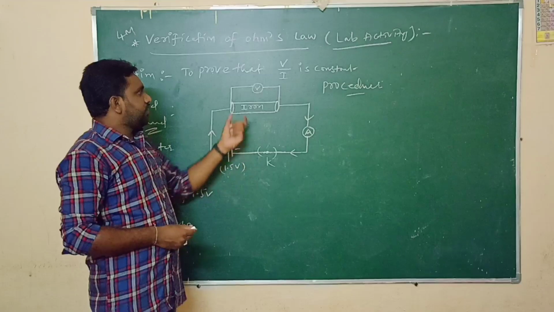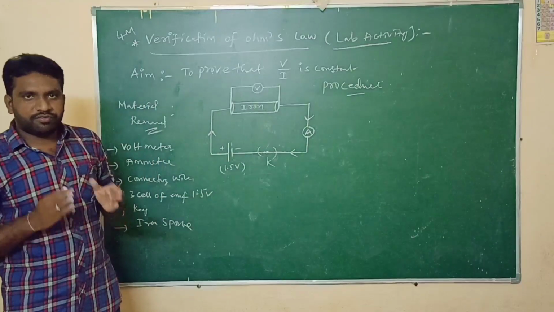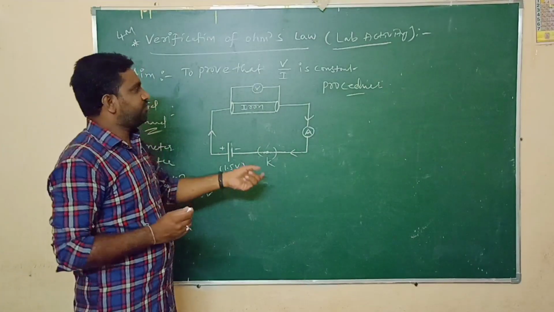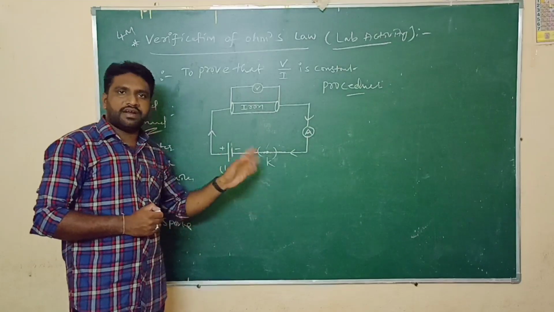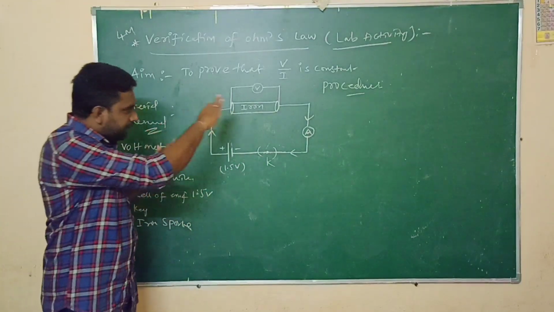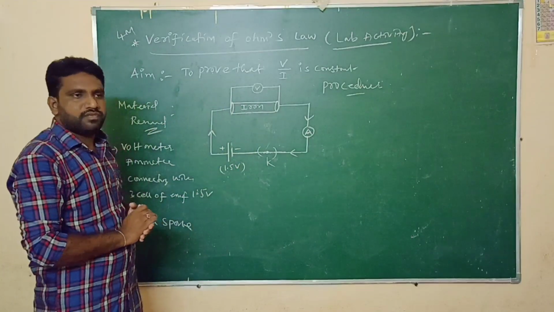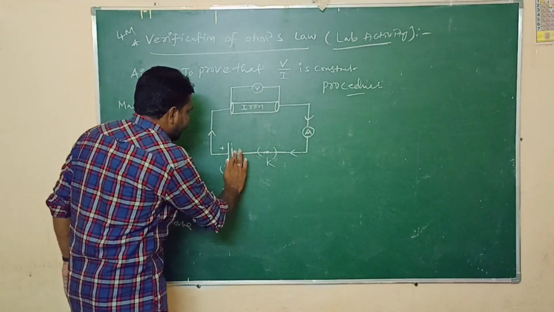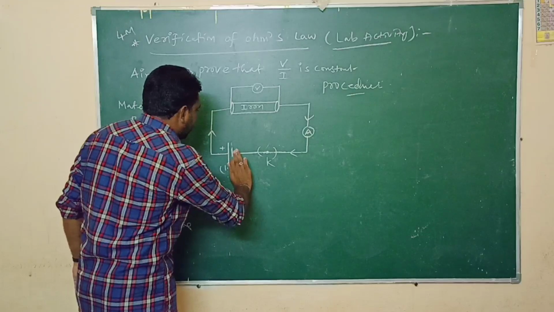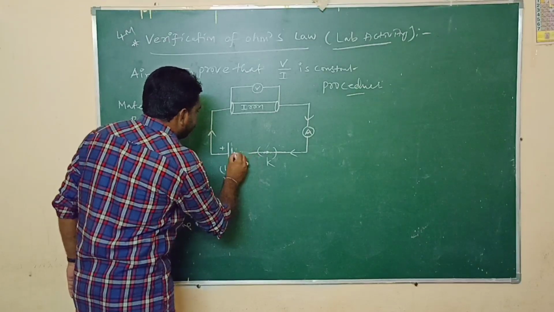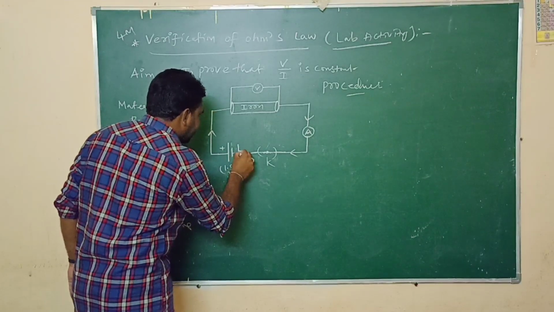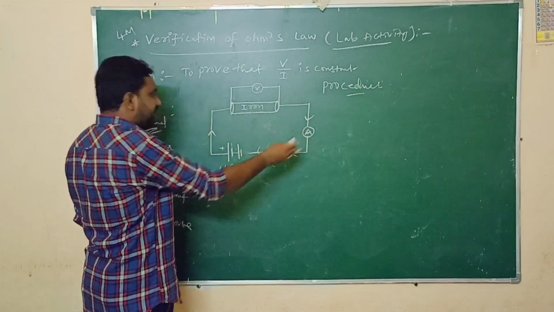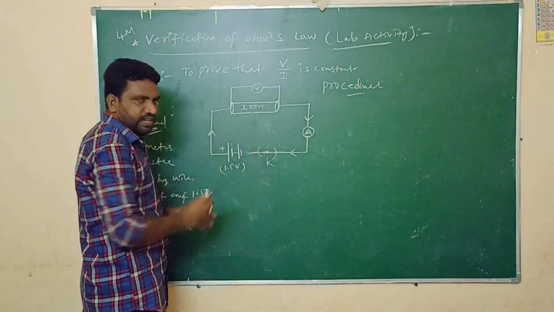After measuring the potential difference and current values from the voltmeter and ammeter respectively, we need to repeat the same process by increasing the number of cells. In the second process we need to connect one more cell in series. Again we repeat the same thing.